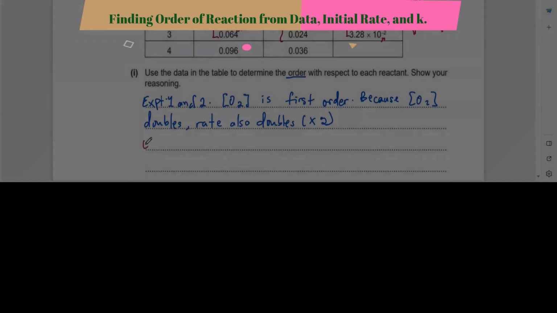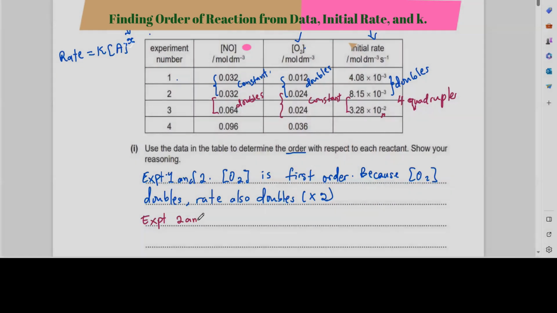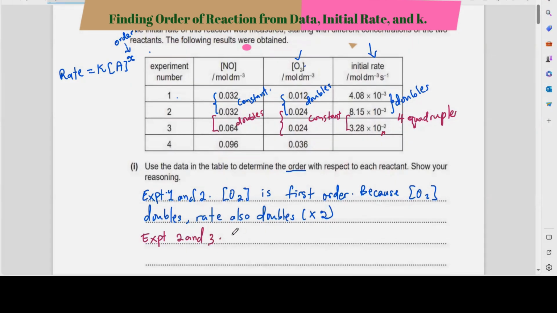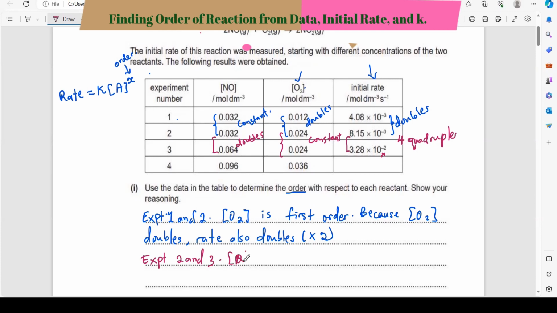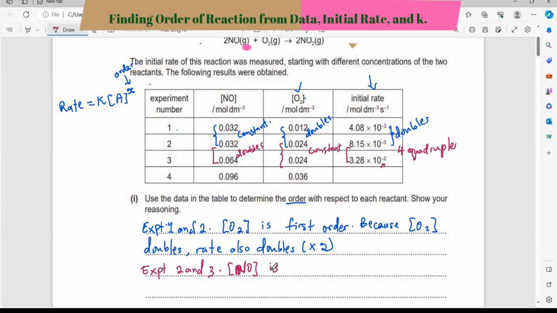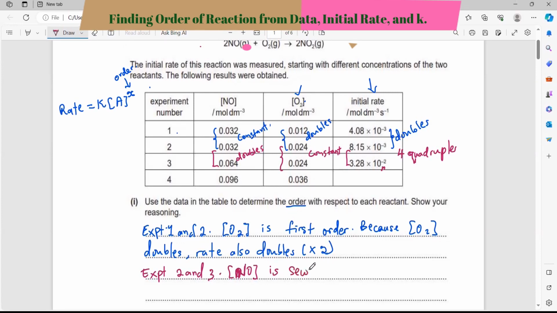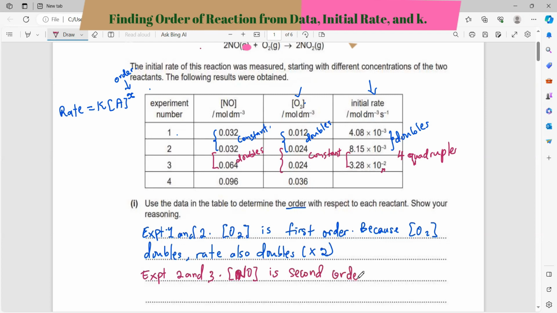So using experiments 2 and 3, the concentration of nitrogen(II) oxide is second order. Okay, the reactant nitrogen(II) oxide is second order.